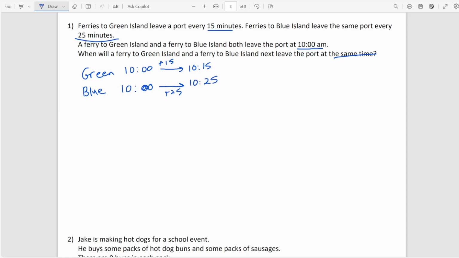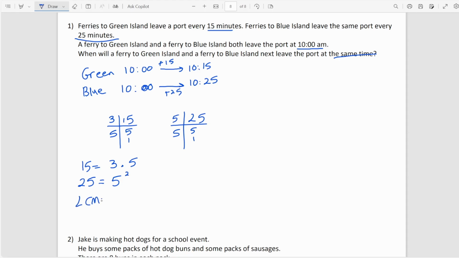So as you can see here, we're going to need to find the lowest common multiple between 15 and 25. So we'll go ahead and prime factorize each of those. 15 is equal to 3 times 5, and 25 is equal to 5 to the power of 2.